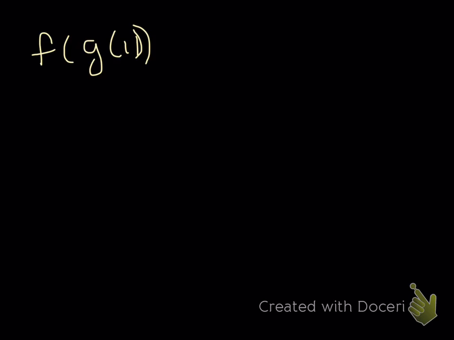So this means I need to evaluate the function g at 1, and then whatever I get, I plug it into the f function. So g of 1, our g function, is x squared minus 2 times x.